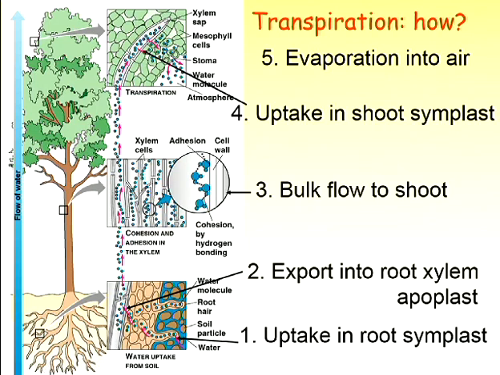And the driving force for all this, the main driving force, is transpiration here, with the gas molecules going into the gas phase and leaving the leaf. That creates a suction effect that pulls water up all the way from the root.